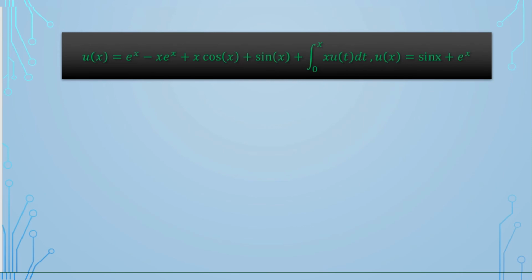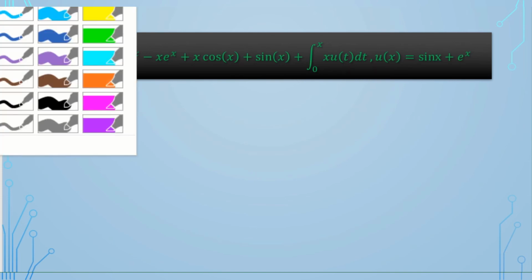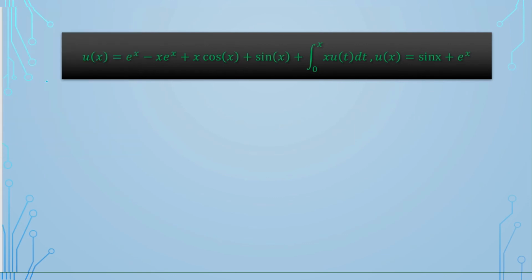This is our third example. It's pretty much the same. So by MDM, modified decomposition method, this is the f of x.